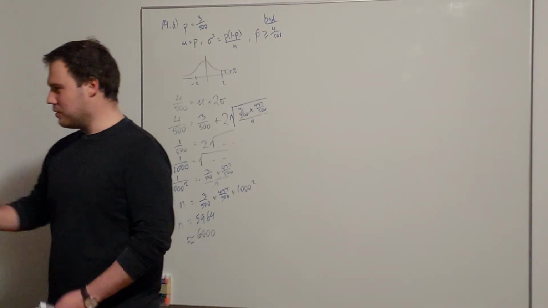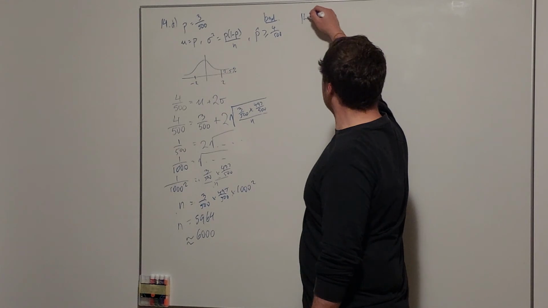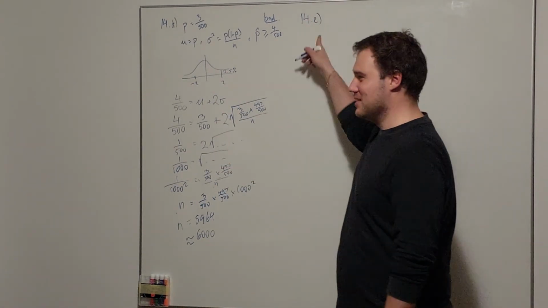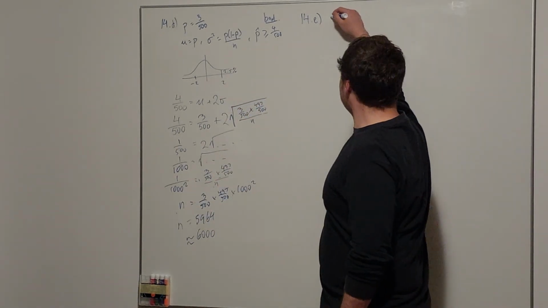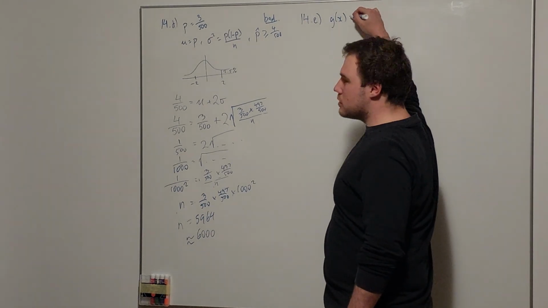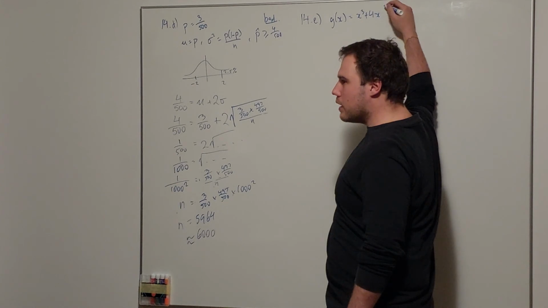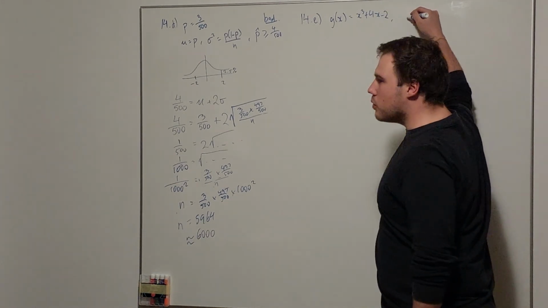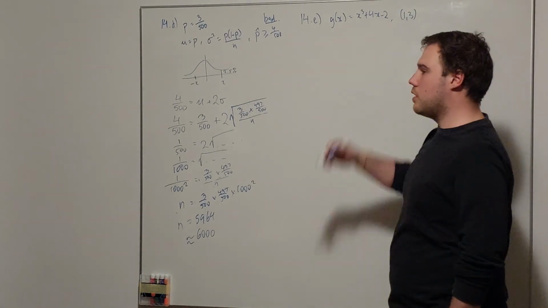Alright, and a cheeky little 2 marker to finish off. Maybe I should rub this away, so there's no evidence in case you're coming in just for 14E. Alright. We've got a function, the polynomial g of x equals x cubed plus 4x minus 2, and it passes through the point 1, 3.